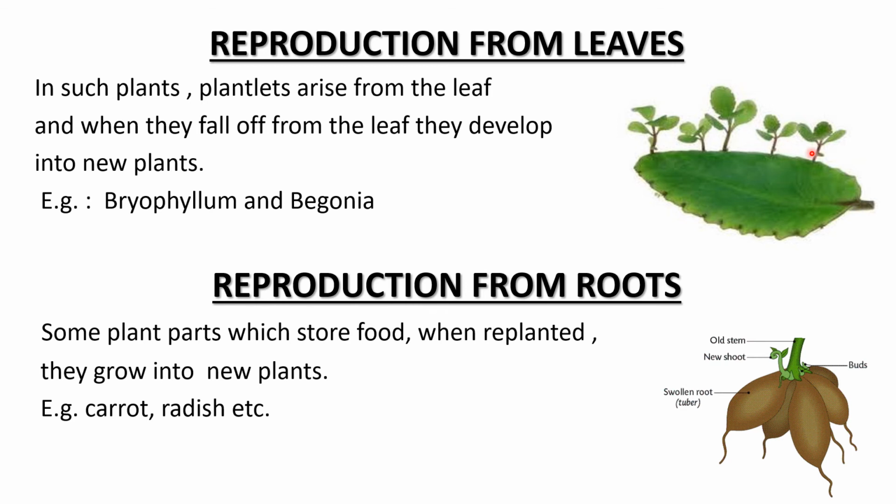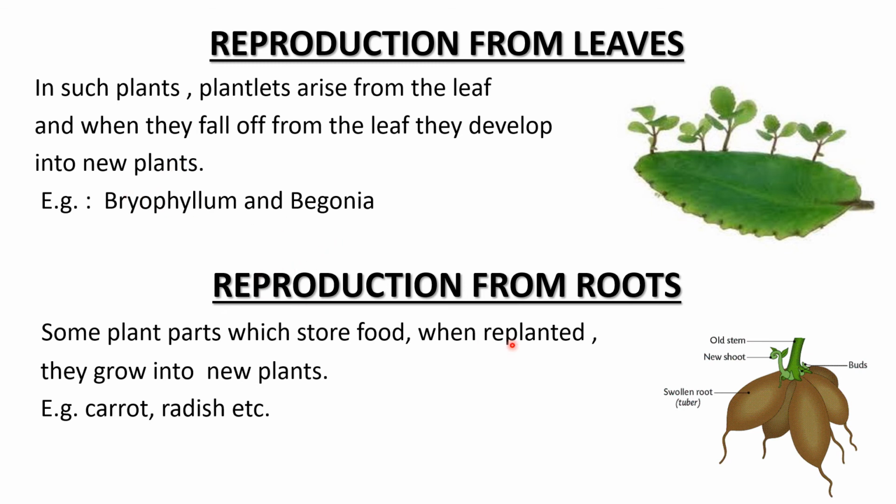This is because the leaves have buds at the margins. You can see small buds arising from the margins and these develop into small plantlets. When they fall off onto the soil, they develop into new plants. So in such plants, plantlets arise from the leaves and when they fall off from the leaf, they develop into a new plant.